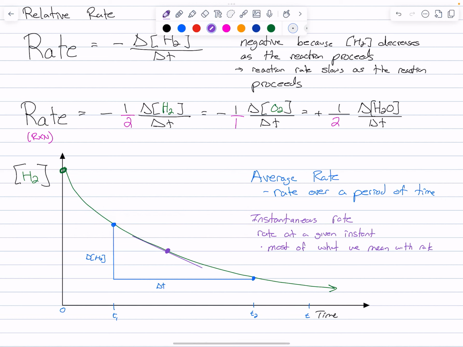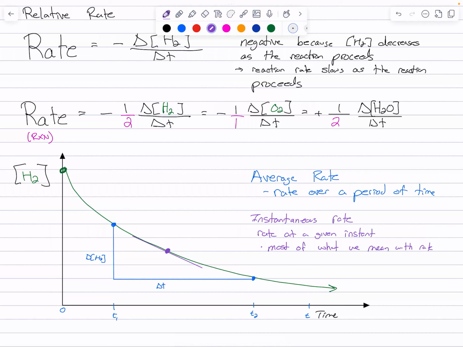That makes sense? Those of you who take calculus, the derivative. So that would be your instantaneous rate. And the police officers care about your instantaneous rate because you might have a very slow average rate, but then you got frustrated, put the gas down, and you were going 45 in a 25, and they don't care that your average rate was like 10. They care that you were going 45 in a 25 at that instant. Same thing here. So we have an instantaneous rate and an average rate.